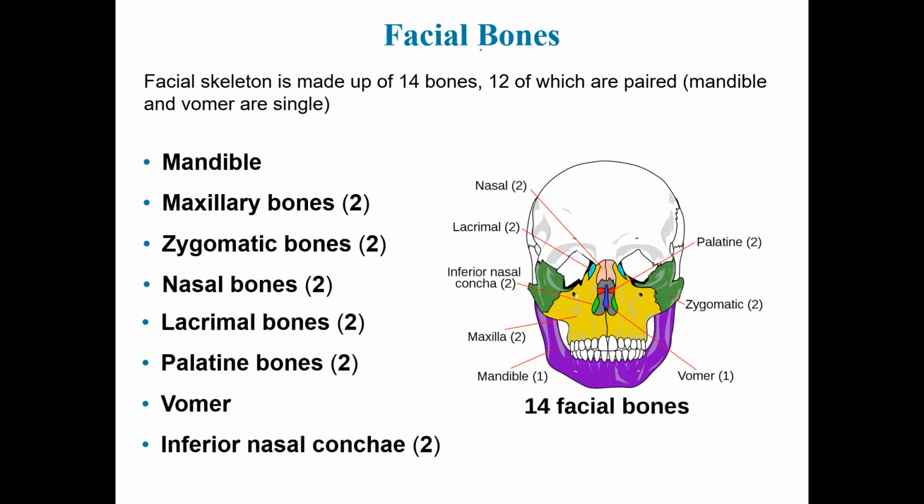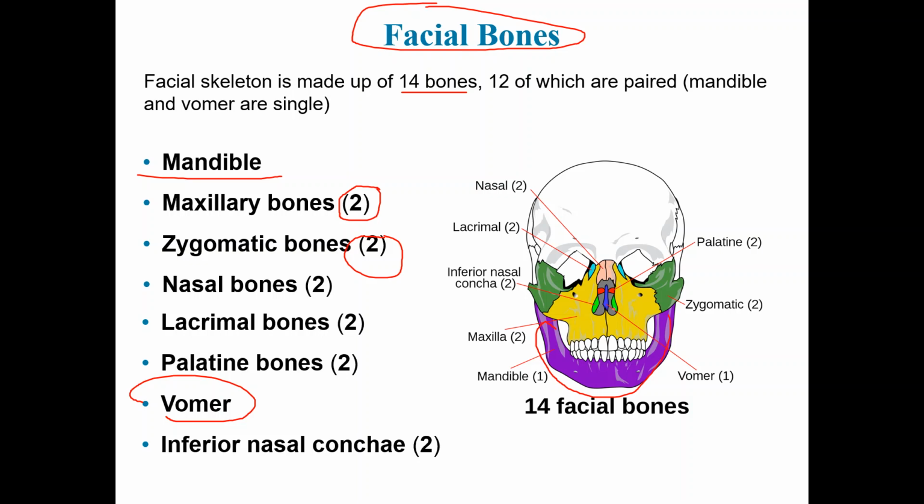All right, so now we're going to take a look at the facial bones, okay? Don't get scared. These are 14 bones, but there aren't 14 bones to be remembered because most of them come in pairs, okay? Only two of them are single bones. The two that are single bones are the mandible over here and the vomer, this little blue bone over here.